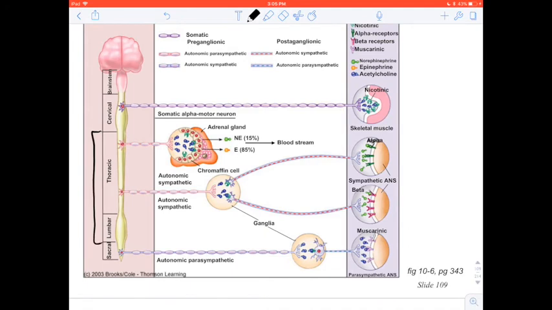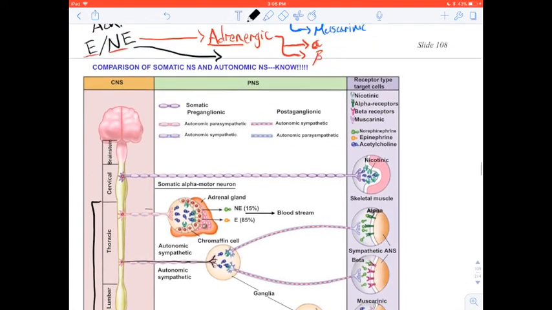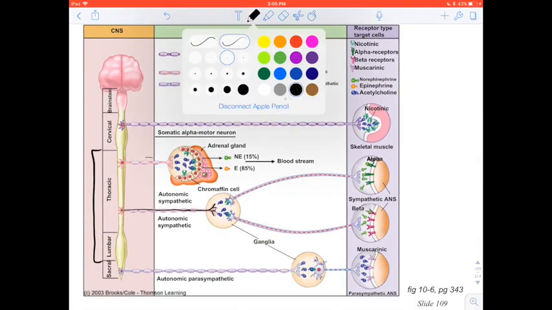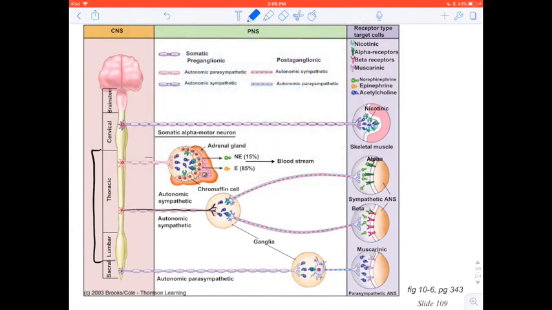So coming out of the thoracic, let's start here. We have our preganglionic neuron coming out and attaching here. It's going to synapse with the postganglionic neuron. And remember, we said this happens in the sympathetic ganglia. All right, so preganglionic is going to secrete acetylcholine.